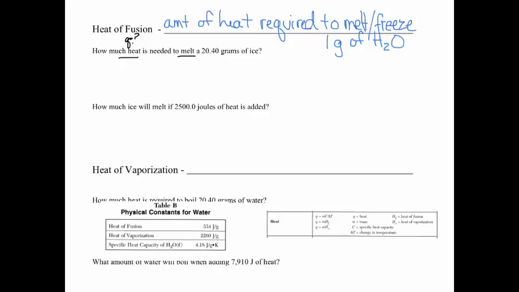My suggestion, and it would be a good idea to do this at least once, and I'm going to have you do it in class, I would associate each of these equations with your phase diagrams. Whenever you have temperature changing, which is where you have your slopes here, that is going to be Q is equal to MC delta T, because that's where we have a change in temperature.